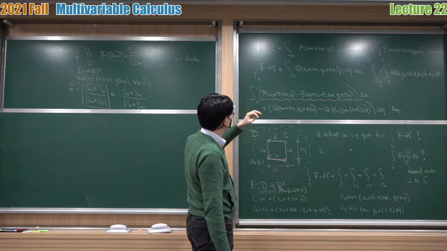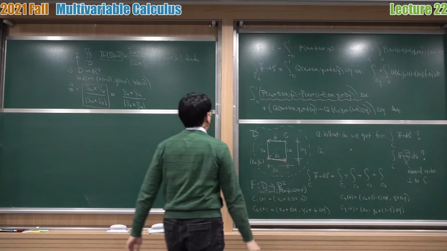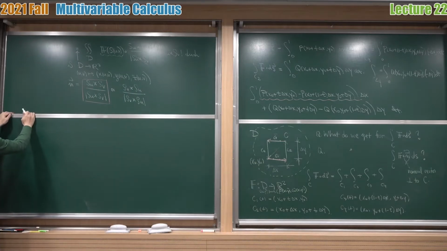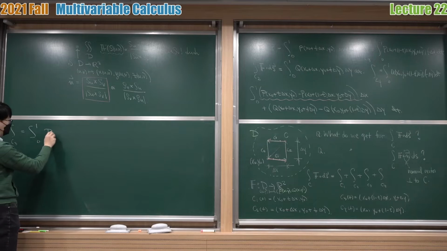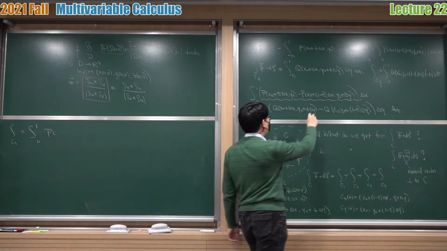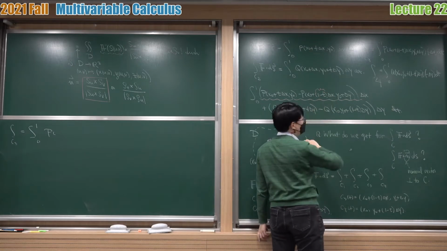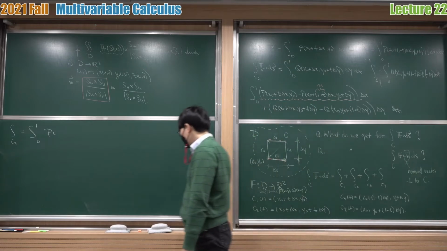Let's try to rewrite this second part of P. The C3 part can be written as the integral from 0 to 1 of P, where I replace t with 1 minus u.